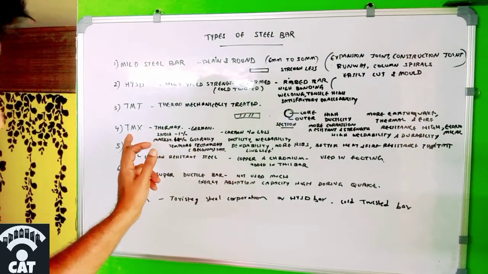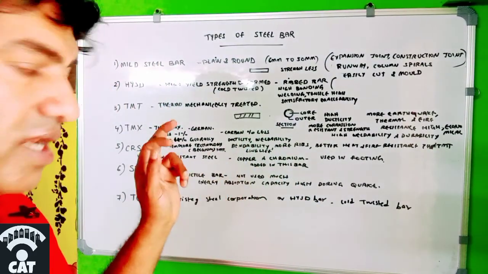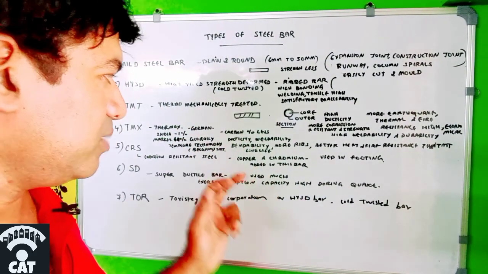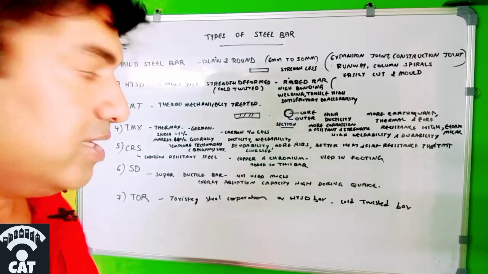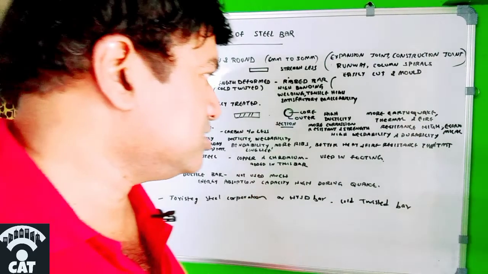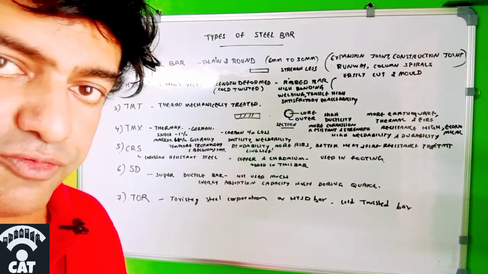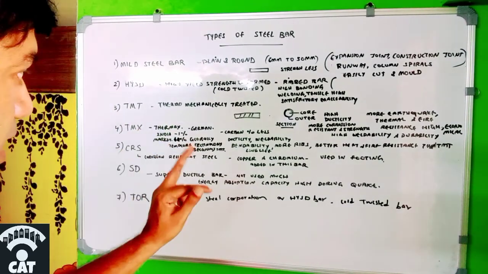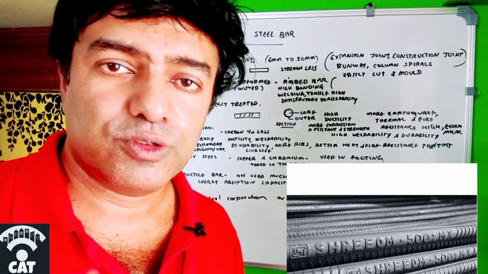The TMX bar contains very little carbon, and its ductility, weldability, bendability, and ribs will be better than TMT bars. It is better in heat and fire resistance, and it has more life than the TMT bar.